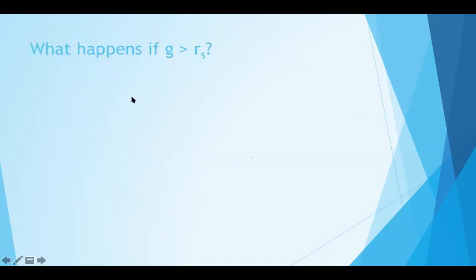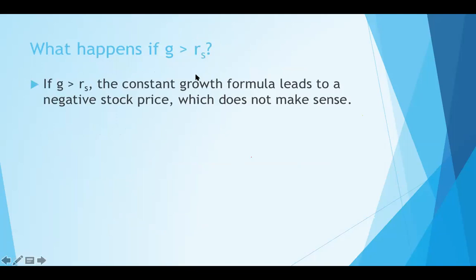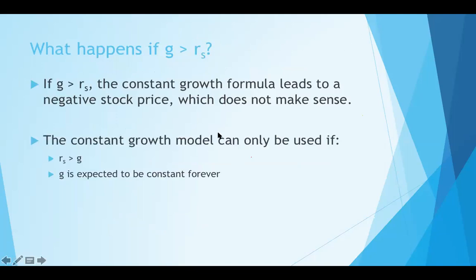If the growth rate G is higher than the expected return, then the formula doesn't make sense, so it is not used, right? Because we don't have a negative stock price.